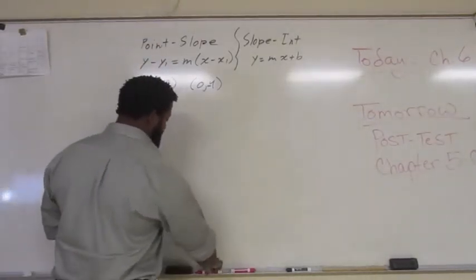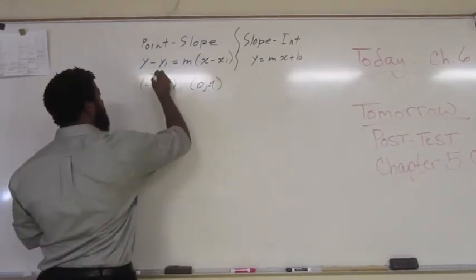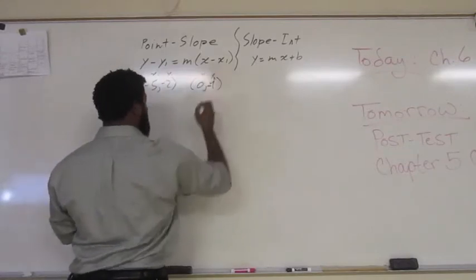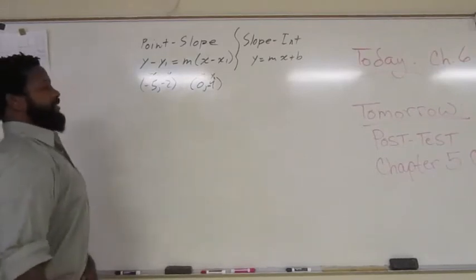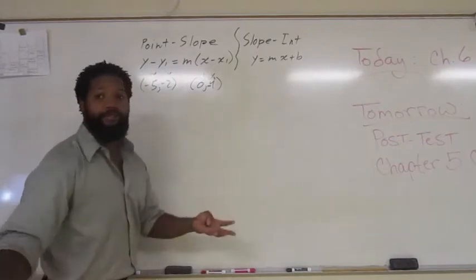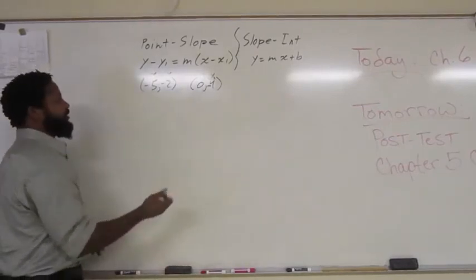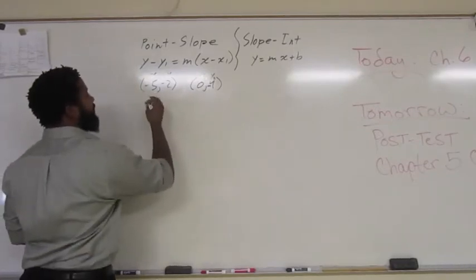First thing you want to do, obviously, is label: x1, y1, x2, y2. And looking at this, you're just gonna find your slope. Find your slope any way you like.